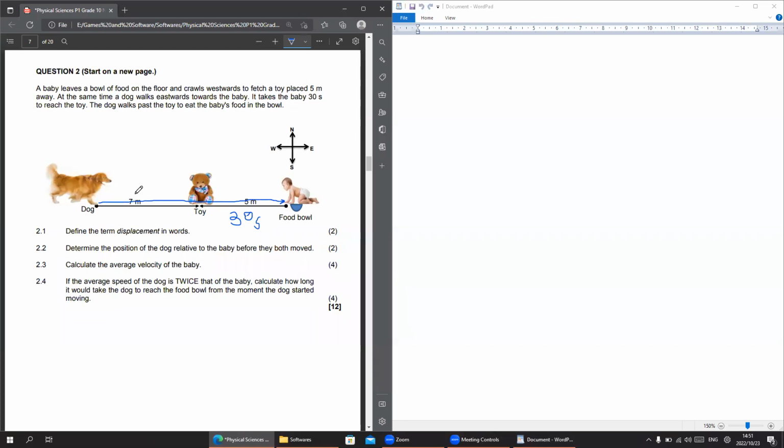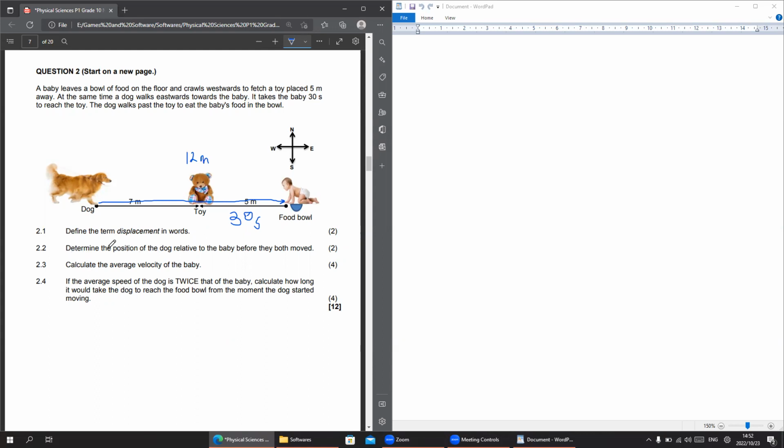So that's gonna be 7 plus 5, I think that's 12 meters. So the very first thing you must do when you reach a question, you should be able to find all the information that you're gonna use. In this particular case, you have to know how far the dog is gonna walk to reach the bowl, and you know how long it takes the baby to reach the toy.